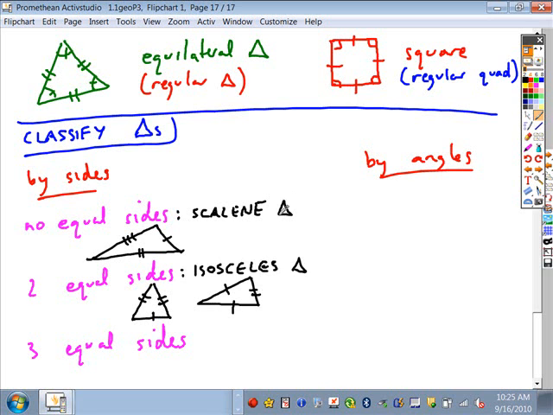When you're looking at an isosceles triangle, you need to be aware of a couple of terms. The side that connects the equal sides is called the base. The angles at the base, where the base and the equal sides intersect, are called base angles.